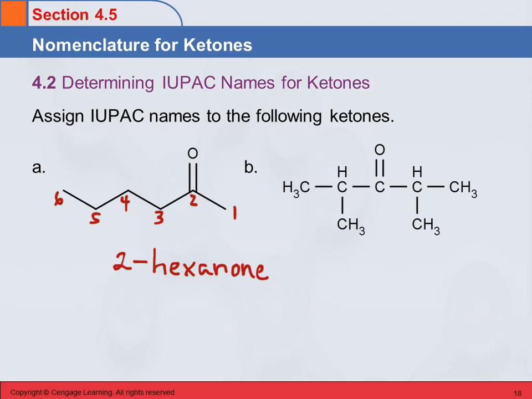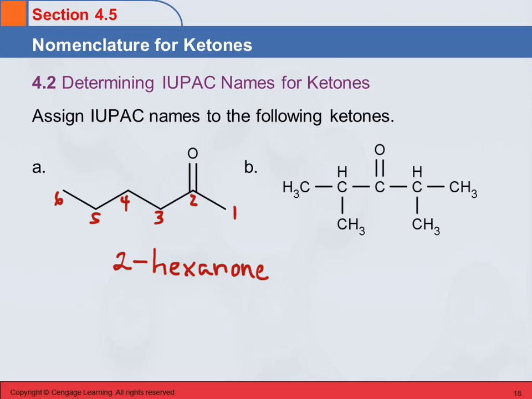Here's another one. Condensed structural formula. So here's our carbon chain. And remember, you always have to consider that the longest chain might not be shown to you in a straight line like that. So this is 1, 2, 3, 4, 5 carbons, and no matter how we count, this is the longest chain that includes this carbon.